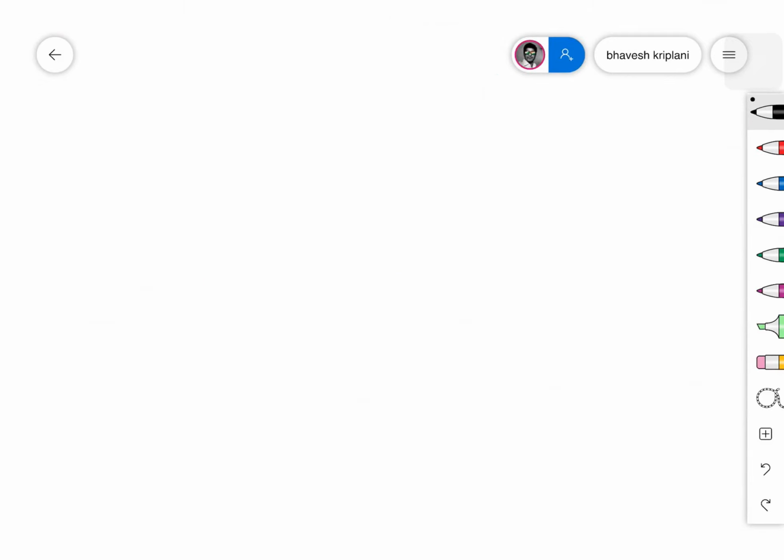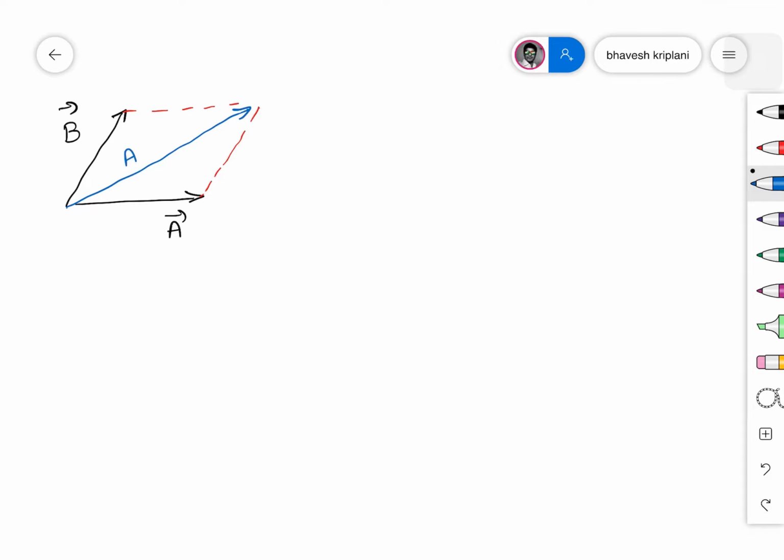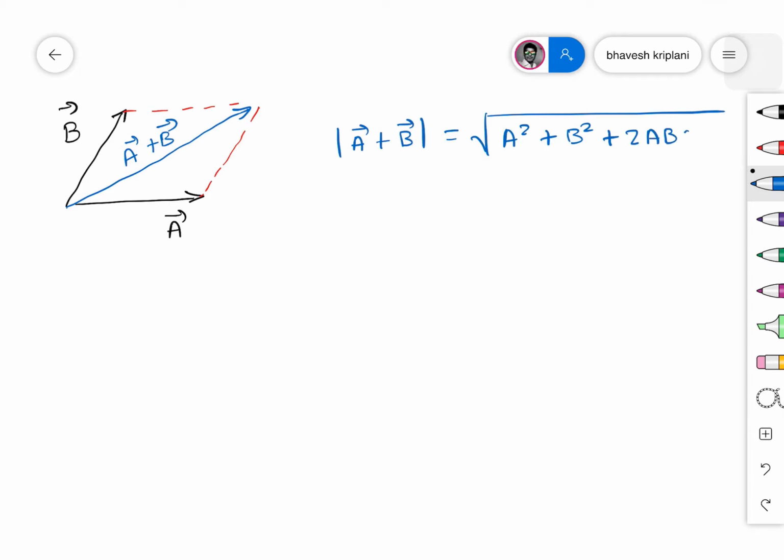So summarizing what we learned, if we got a vector a and a vector b, and by using parallelogram law we find the resultant of the two vectors, then this is a vector plus b vector. Then modulus of a vector plus b vector is equal to under root of a square plus b square plus 2ab cos theta.